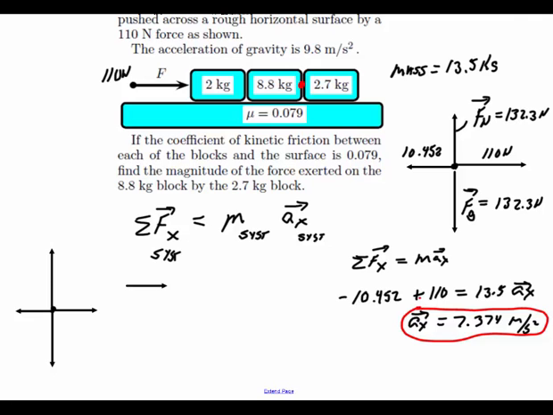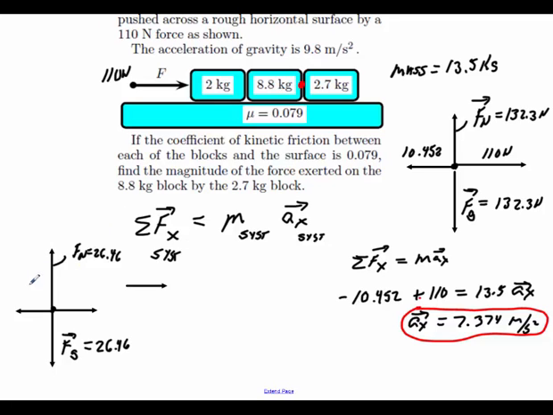Alright, so let's just start labeling everything. This would be the force of gravity, and again, that would be the Earth on the 2.7. So 2.7 times 9.8 gives me a value of 26.46. My normal force would equal 26.46 also. My frictional force is going to be this value times 0.29.